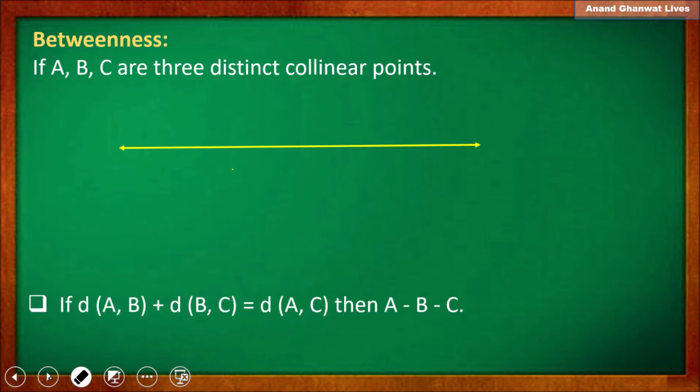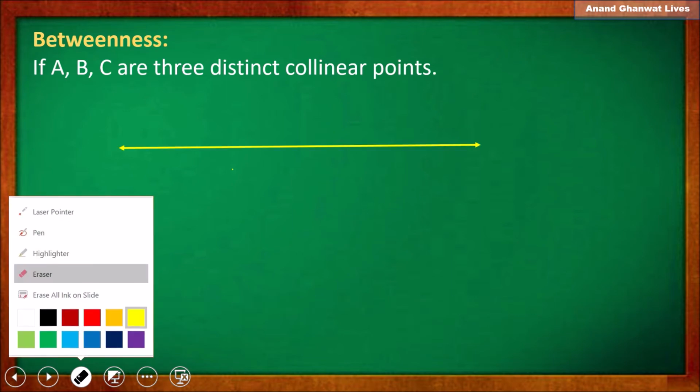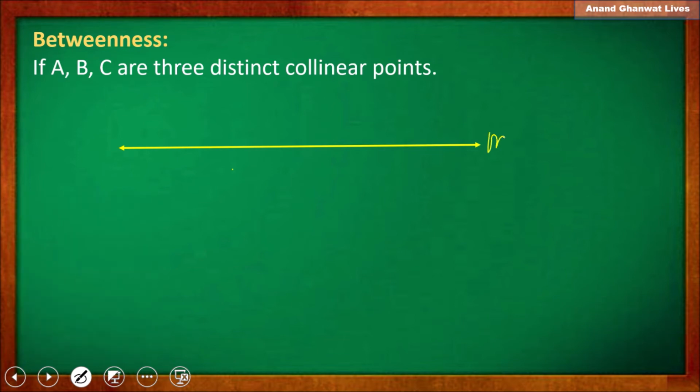Therefore, let us take a line and name it line M. So line M is here. ABC are three distinct collinear points.